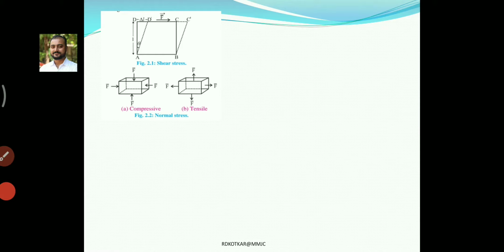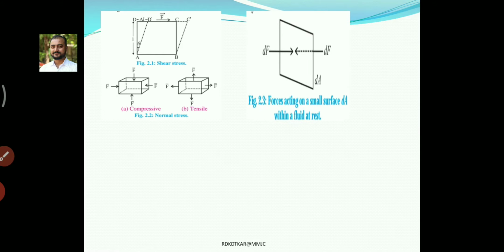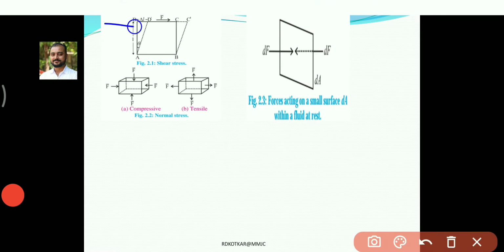So this diagram can show you simply the properties which I just explained. Shear stress will look like this. You can observe here there is the action of force at this place, so it changes the shape and it becomes A, B, C dash, D dash. Figure A shows the compressive force while figure B shows the tensile force.